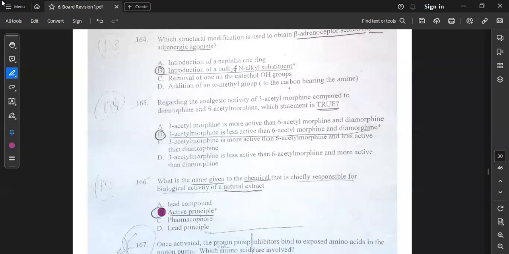Okay, just one point. It says acetylation at 6 hydroxyl group increases activity. So since acetylation now increases activity, maybe the 3-acetyl and the 6 are more than the diamorphine. Yeah, that's all I have to say.